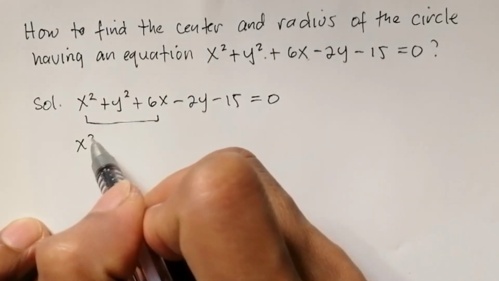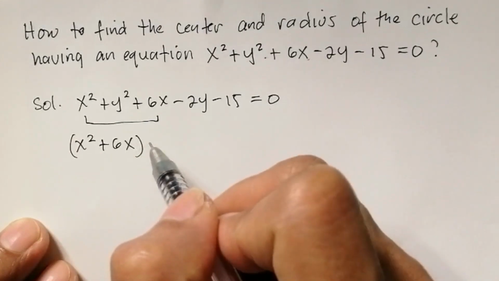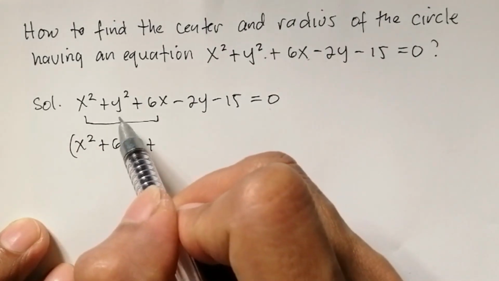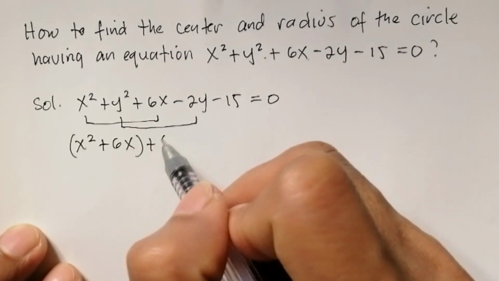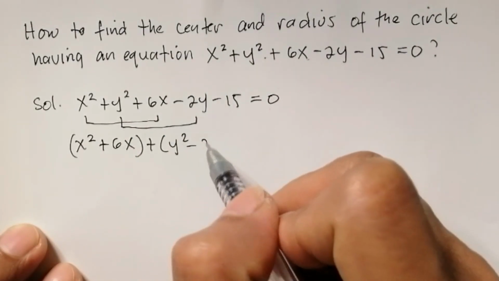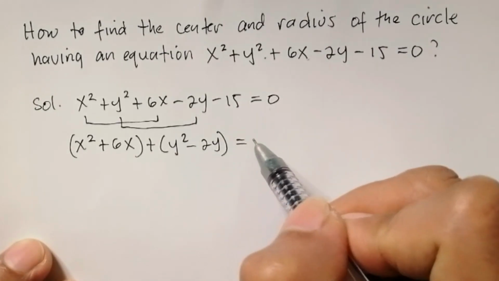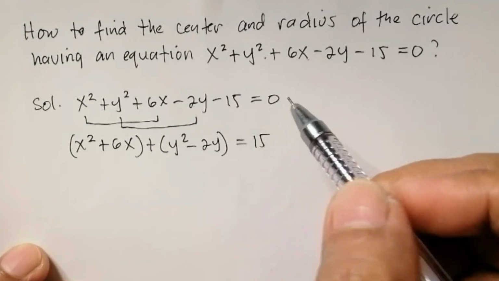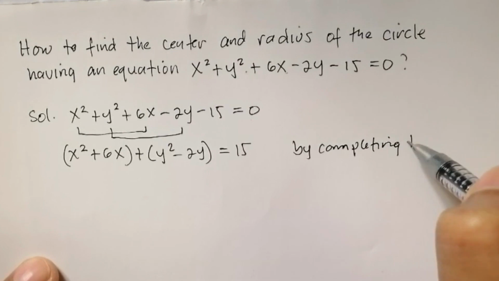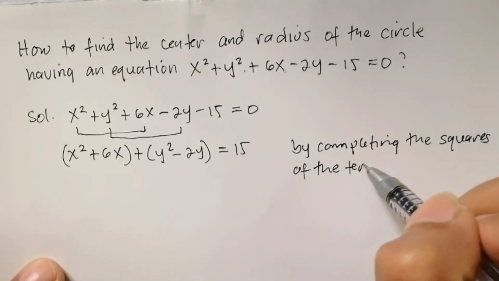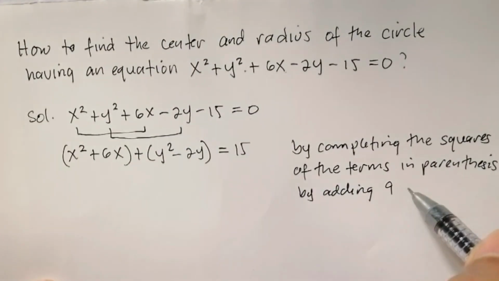Now, we regroup the same terms and take negative 15 to the right side. This will become positive 15. By completing the squares of the terms in parentheses by adding 9 and 1 on both sides of the equation.